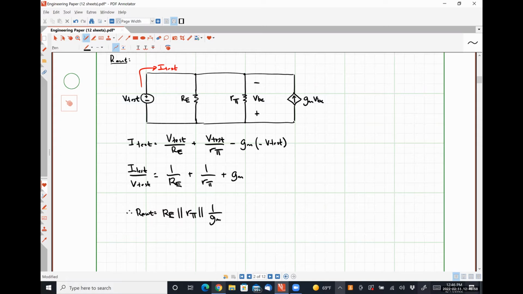So effectively, these three conductances in series look like these three resistances in parallel.